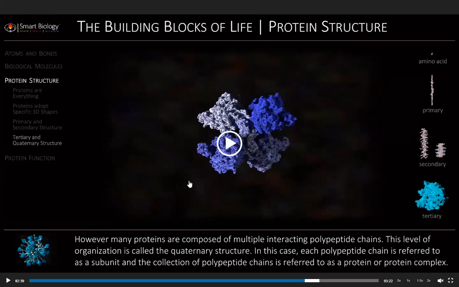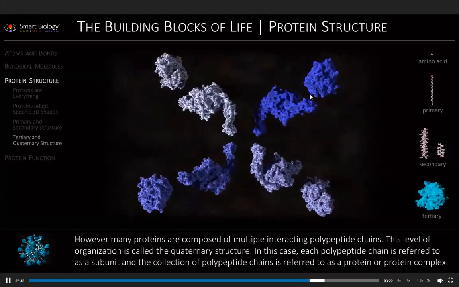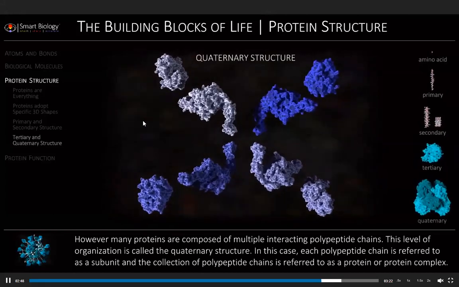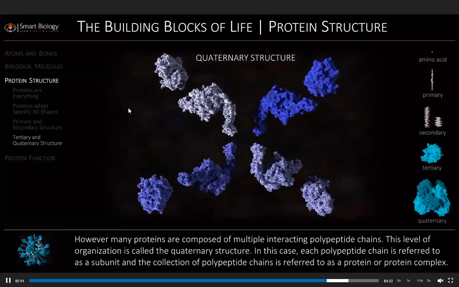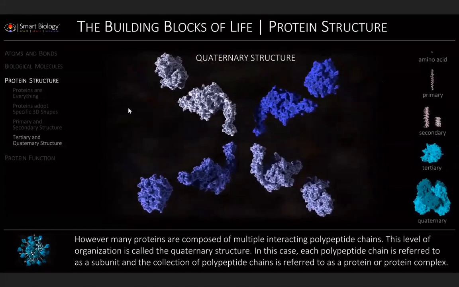The quaternary structure will have several folded polypeptide chains. They are folded first and then they come together to form the quaternary structure. Sometimes it's called a protein or a protein complex. In the case of pyruvate dehydrogenase, it's called a complex. So we have various subunits.